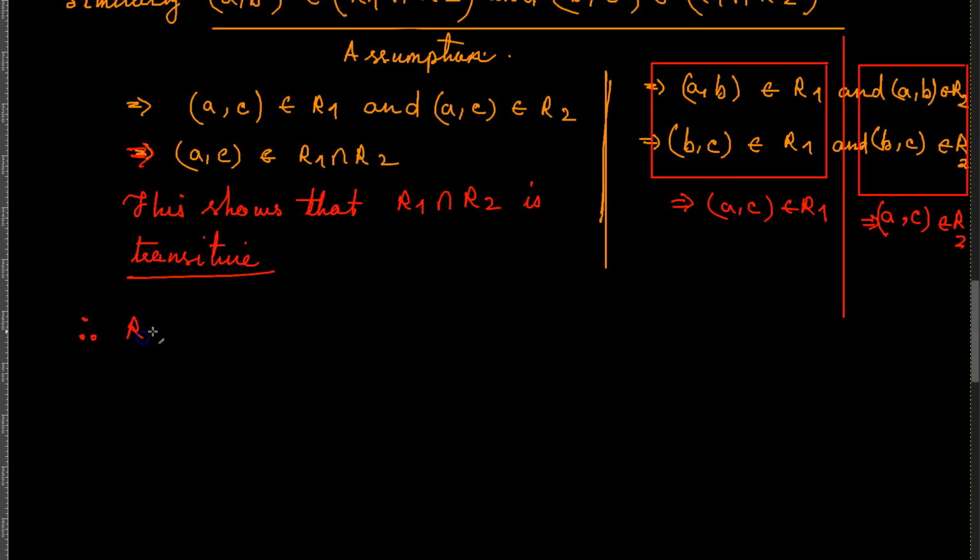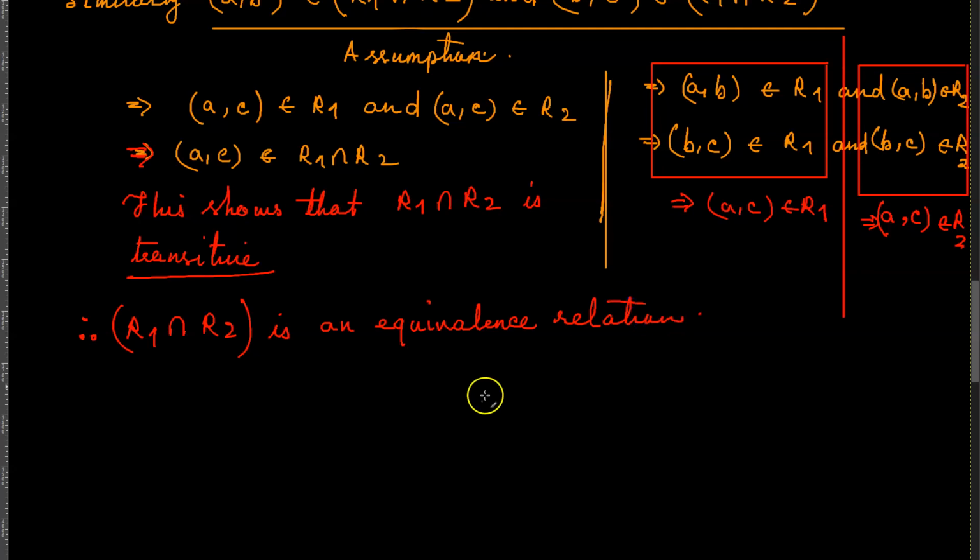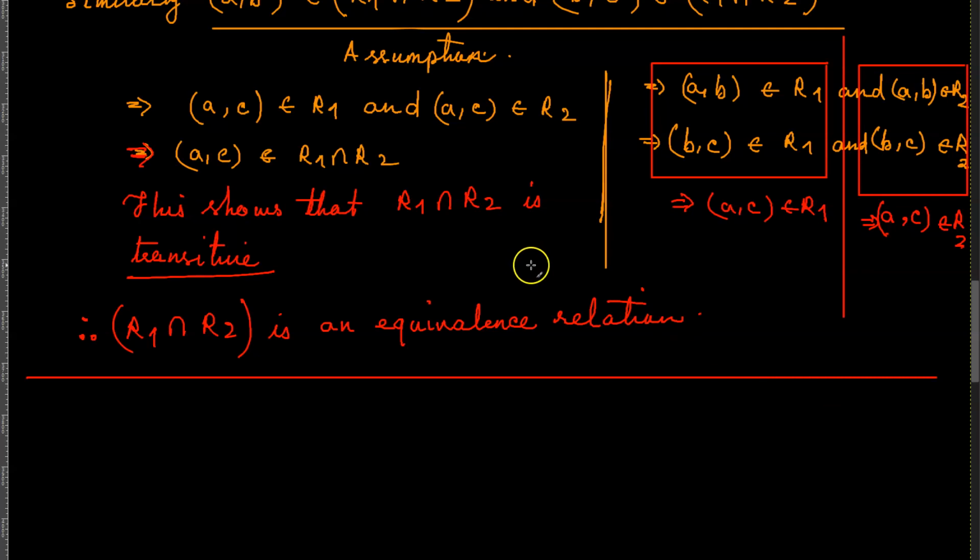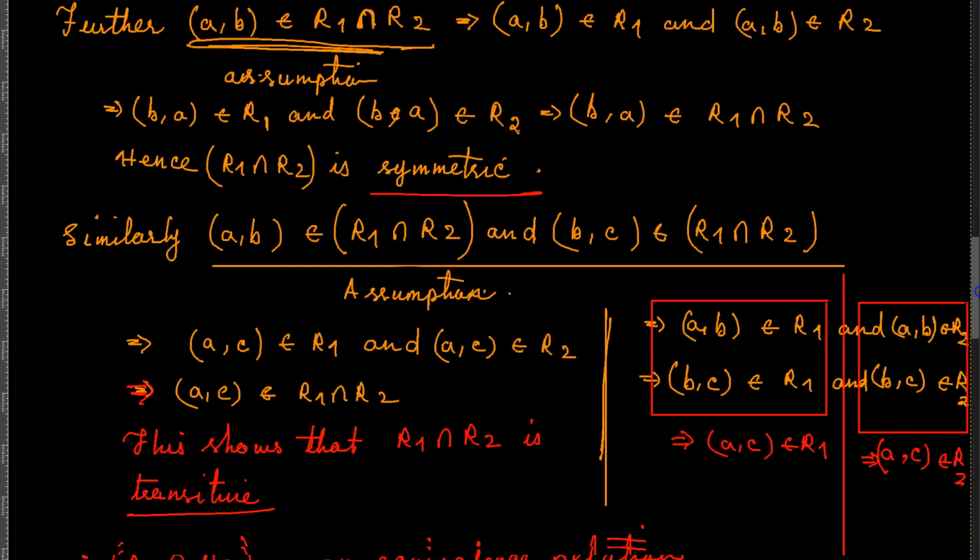Therefore, R1 intersection R2 is an equivalence relation. Right? So that was example number 41.